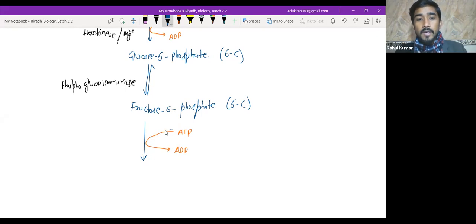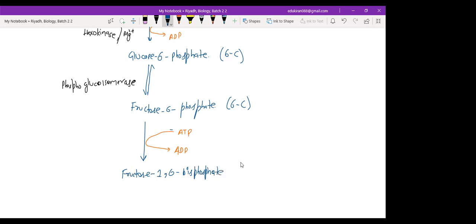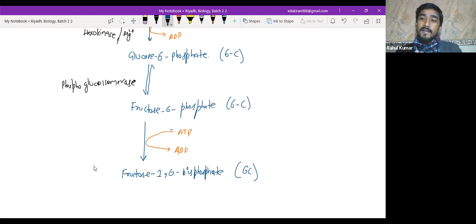Now we want to add more phosphate and make it fructose 1,6, sorry, 1,6. Now there are 2 phosphates, so it will become bisphosphate. Is it clear, everyone? Yes, sir. Still it is a 6-carbon molecule. We have not started breakdown till now. We have just utilized energy and made fructose 1,6 bisphosphate.